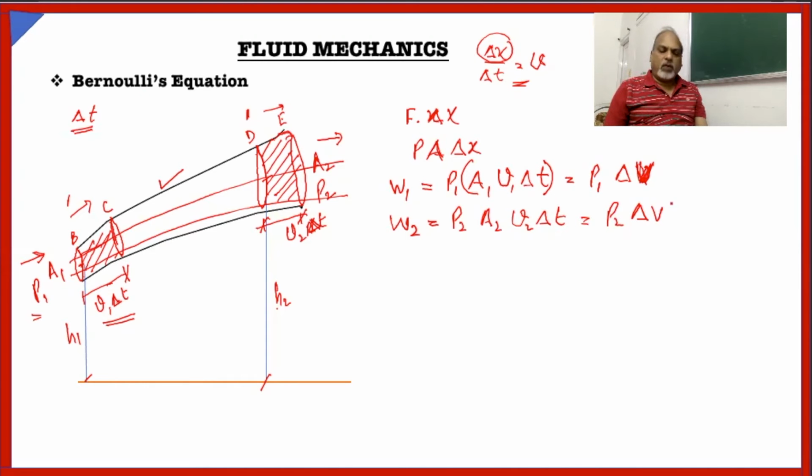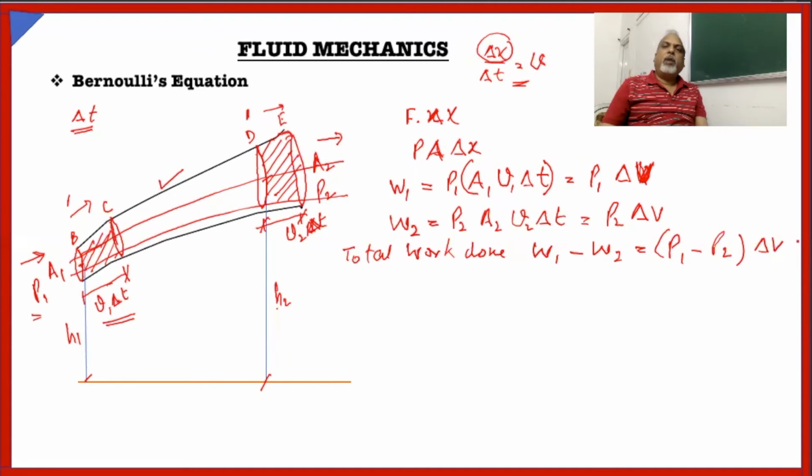So what is the total work done? Total work done will be W1 minus W2. And this we can write it as P1 minus P2 into delta V. Why W1 minus W2?